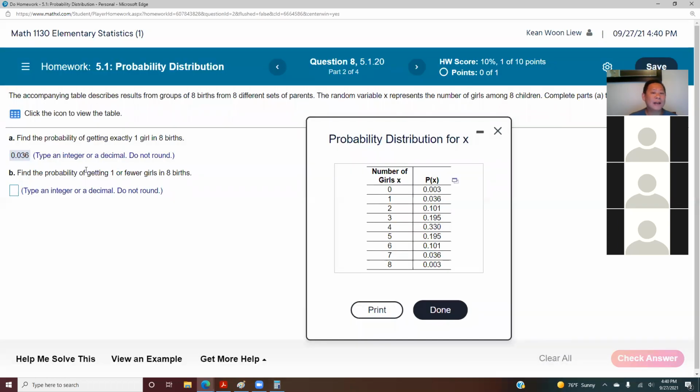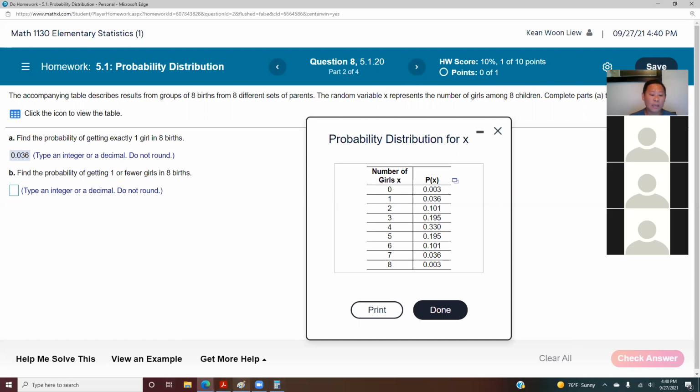And then the next one is asking for one or fewer. So what is the meaning when I say one or fewer girls? That's going to be 0.003 plus 0.036. Yep. So fewer means you have to add, right? So you have to add the 0 and 1.